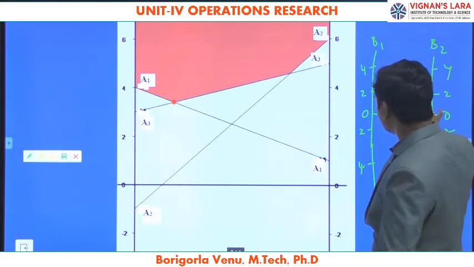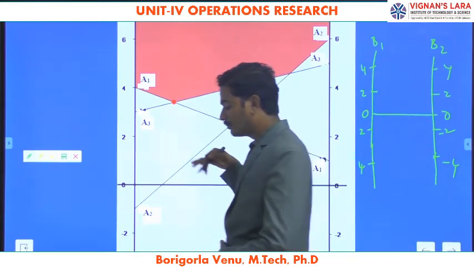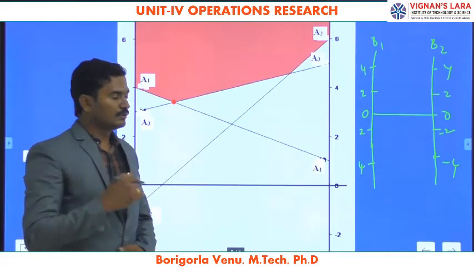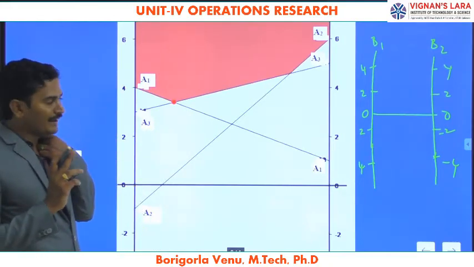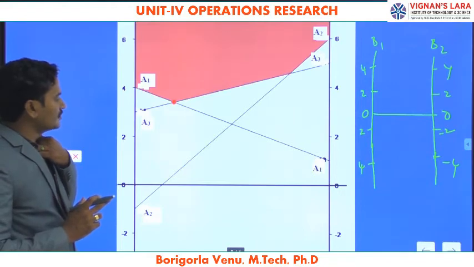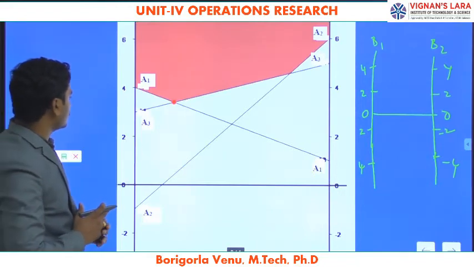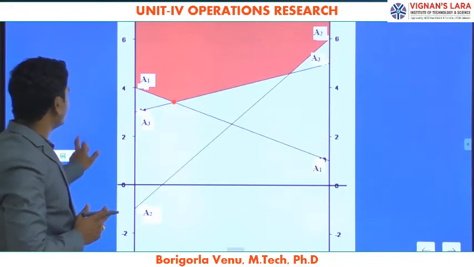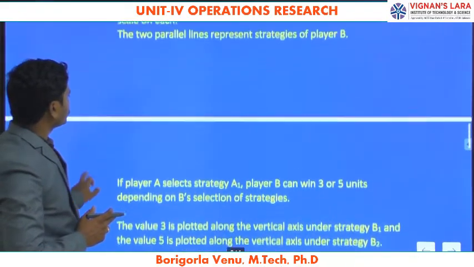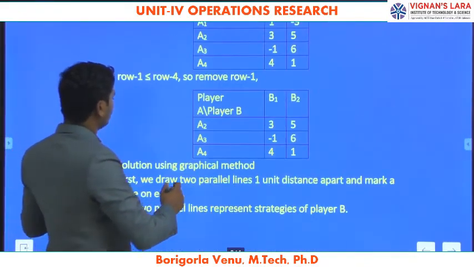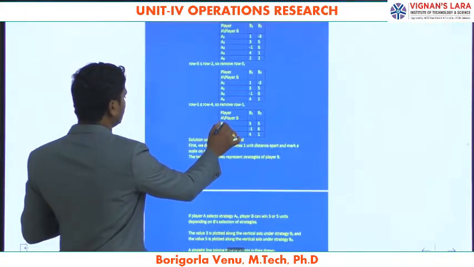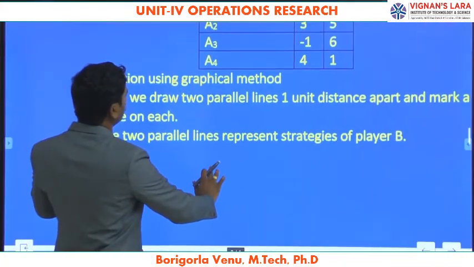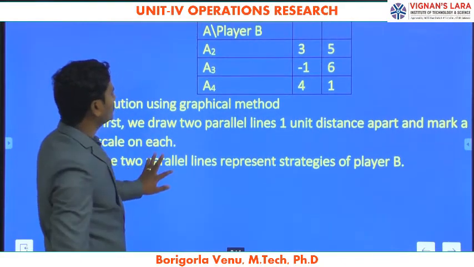Okay, after taking the graph we are going to plot the equations. Here we have 3 rows, that is A1, A2, A3. Those rows we are going to plot here. First coming to A1, here A2 values, what is the A2 value?